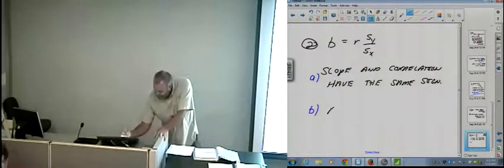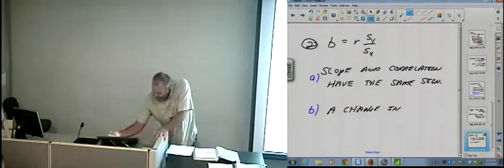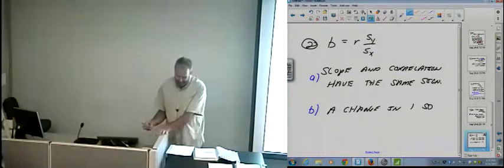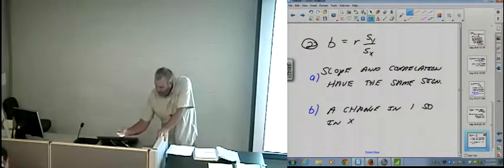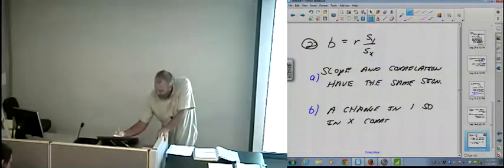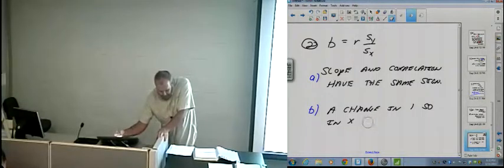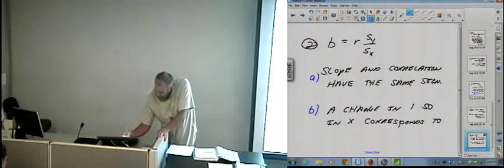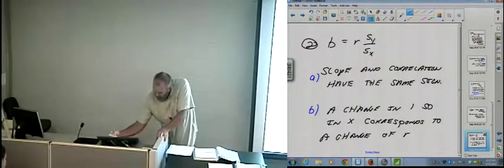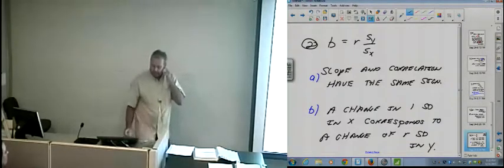A change in one standard deviation in X corresponds to a change of R standard deviations in Y. It's not a one-for-one. Okay?